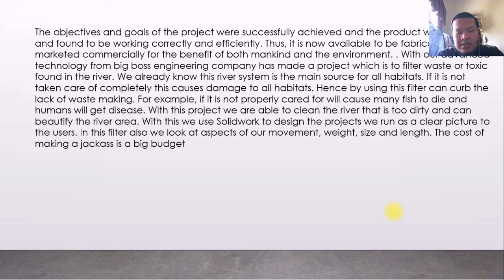For example, if it's not properly cared for, it will cause many fish to die, and humans will get diseases. With this project, we are able to clean the river that is too dirty and beautify the river area.